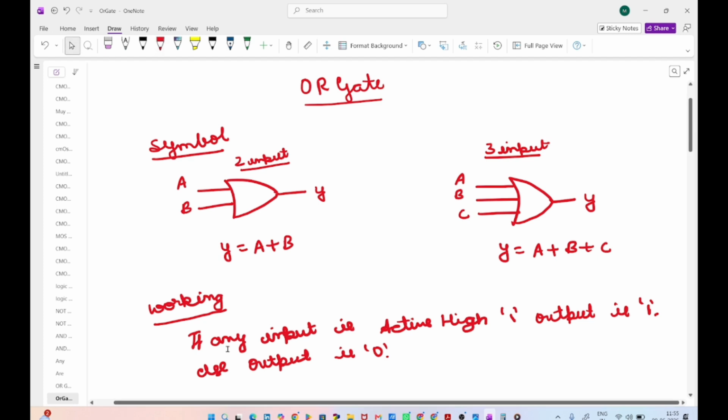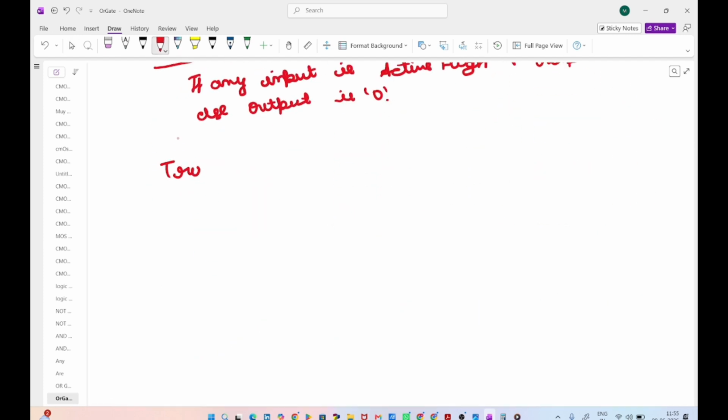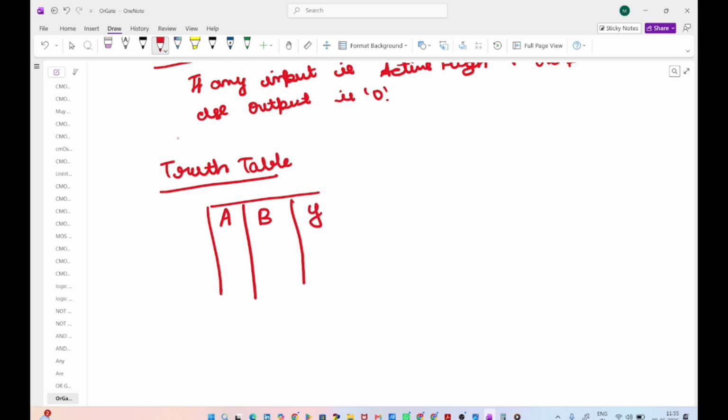Let us write the truth table here. A, B, Y. 0, 0, 0, 1, 1, 0, 1, 1.